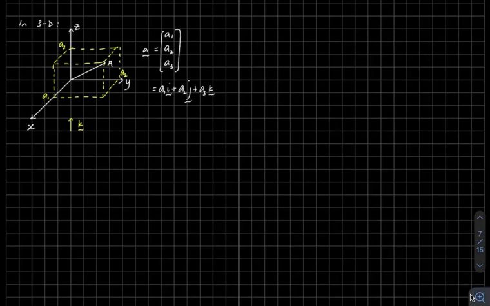Hopefully that's not too much of a stretch to go there. We could also say then that the magnitude of A is equal to the square root of a1 squared plus a2 squared plus a3 squared, which is really Pythagoras in 3 dimensions, which we've done a little bit of before in maths.